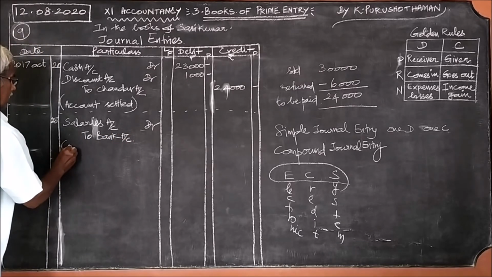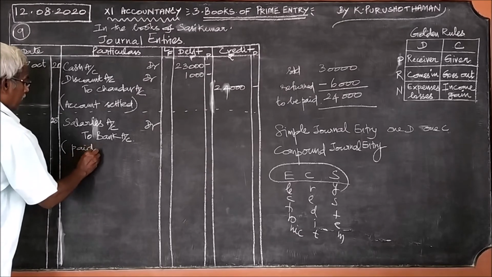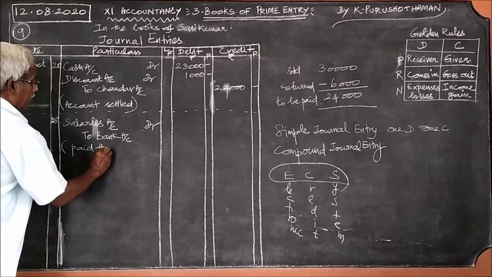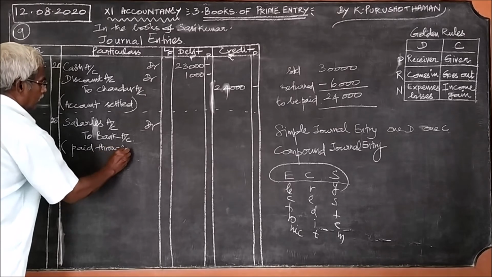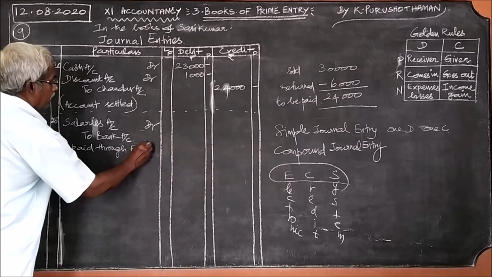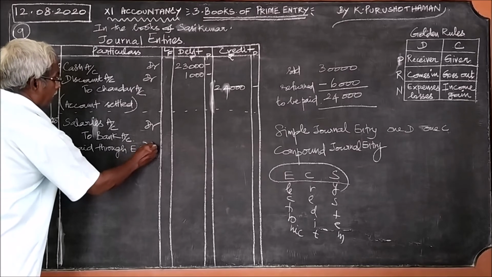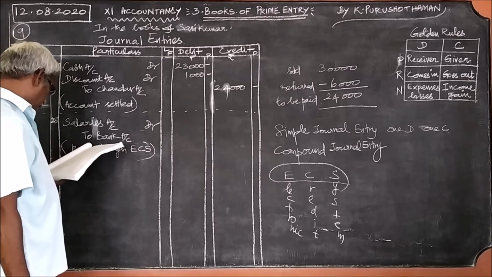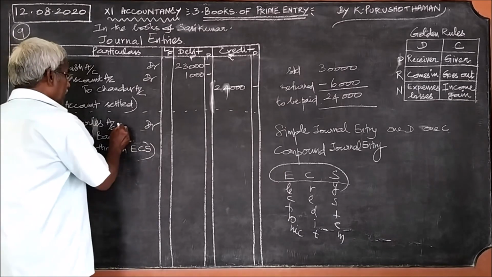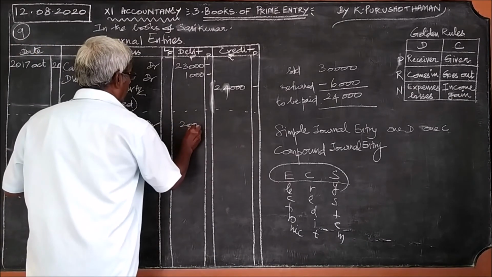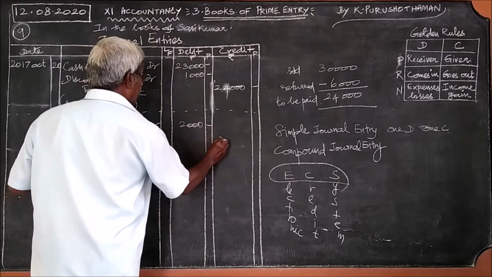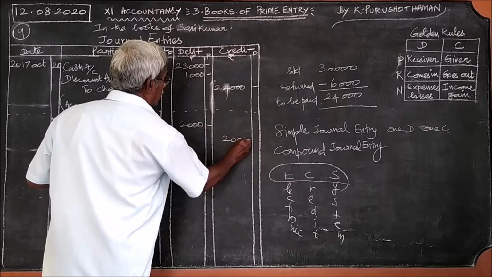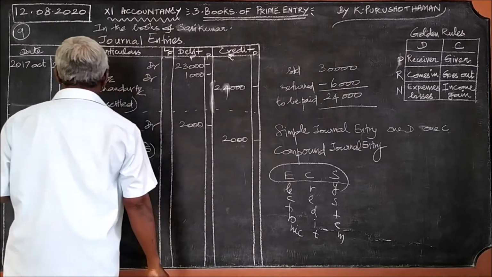Here, salary is paid through ECS, electronic credit system. The amount of salary is 2,000.